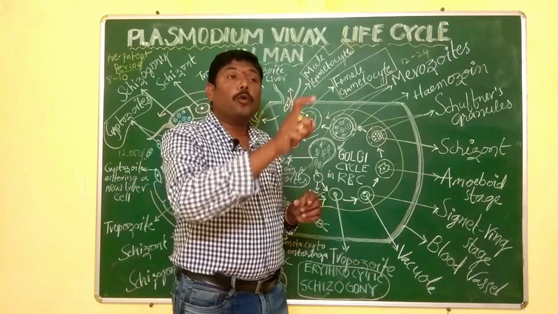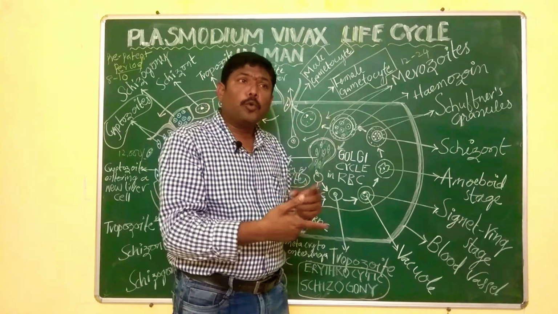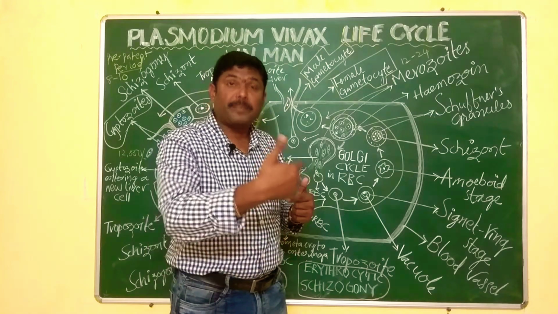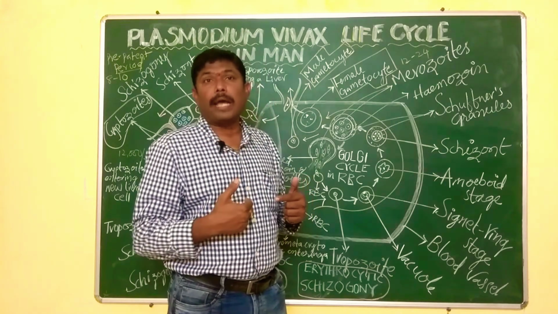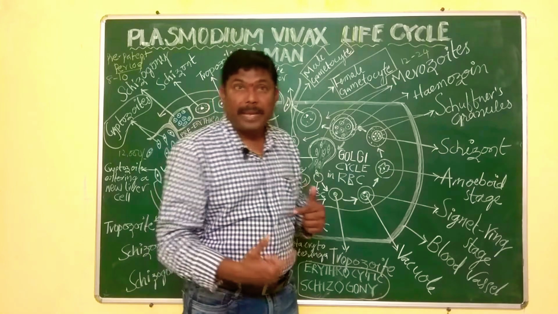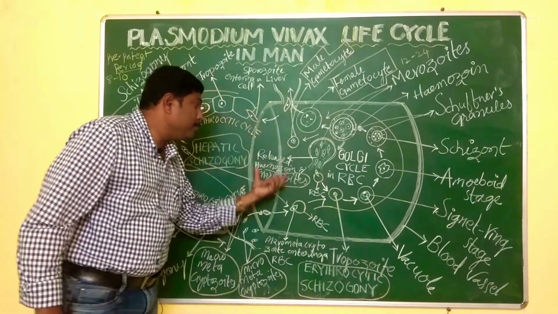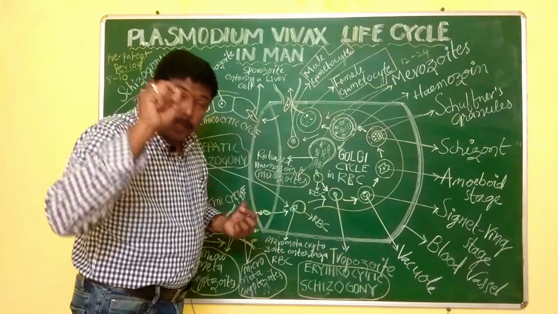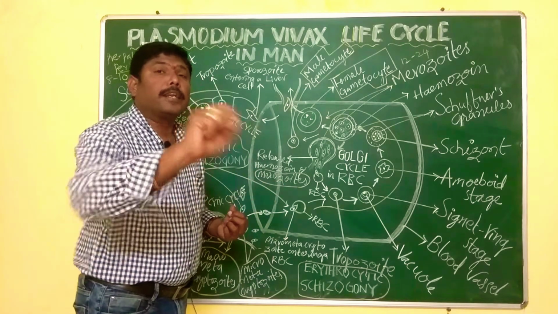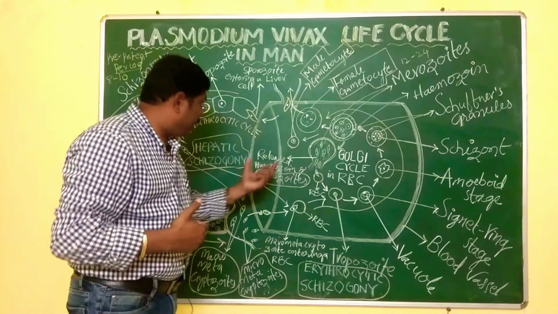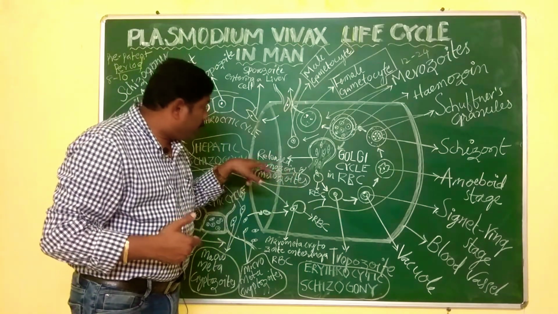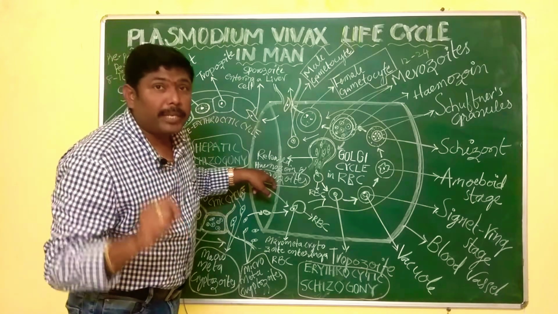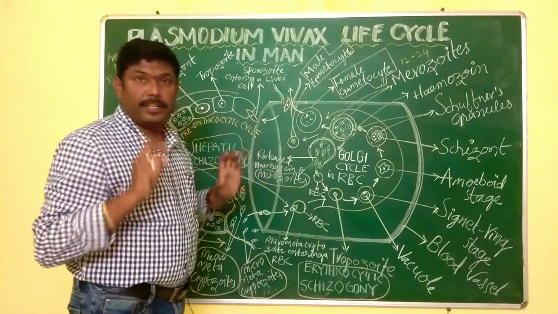This heme only transforms into an insoluble crystalline substance which is also called as malarial pigment, called as hemozoin. The undigested heme only transformed into what here? Hemozoin. Because of this hemozoin only, the patient gets a malarial disease.